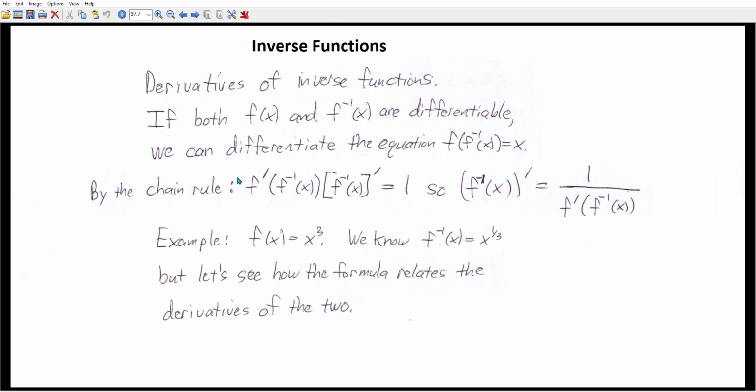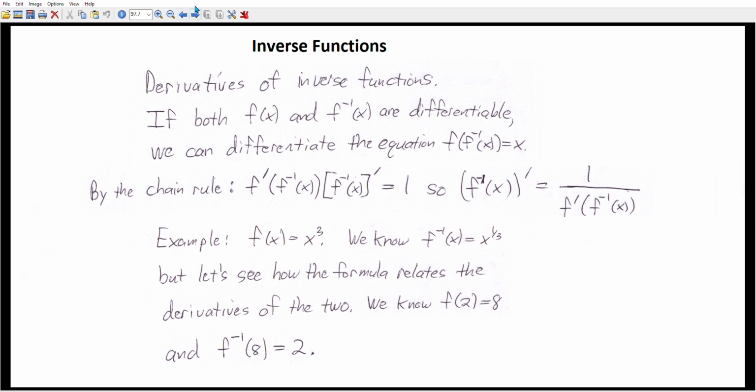Now, let's see what that means. So let's go to our standard example. f of x is x cubed. f inverse of x is x to the 1/3. Let's see how the formula relates the derivatives of the two. And we know that f of 2 is 8, and that f inverse of 8 is 2.